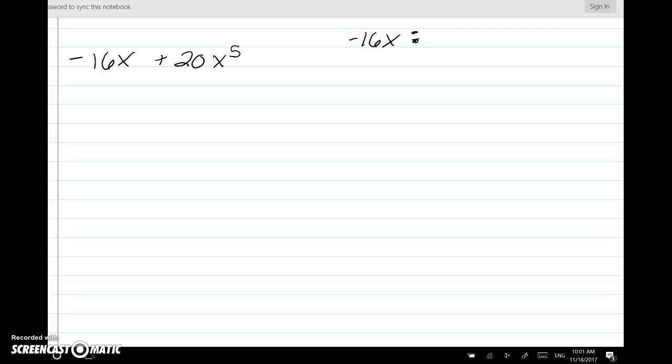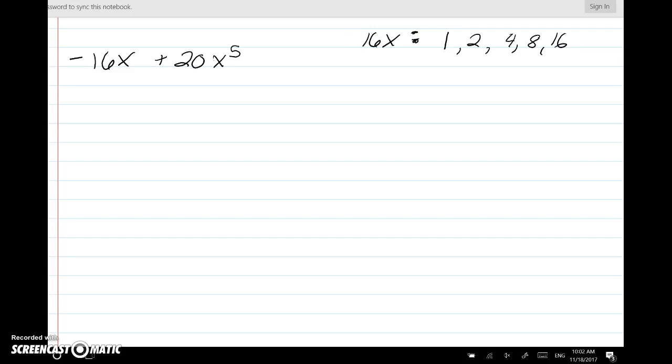Well, negative 16x can be negative 1, 16, 2 and 8, and 4. And any of these can be negatives. So we're going to think about that negative in a moment. So, I'm going to erase it for now.